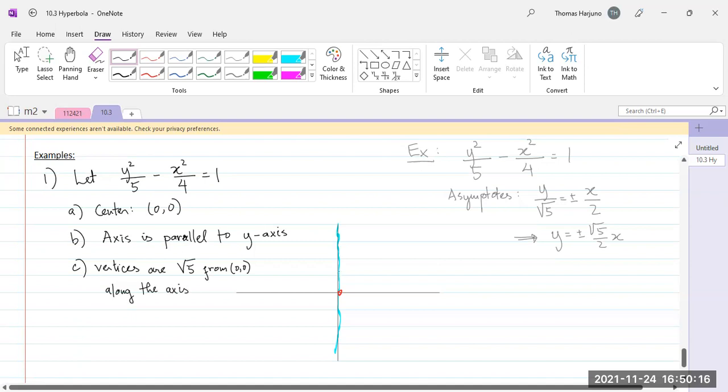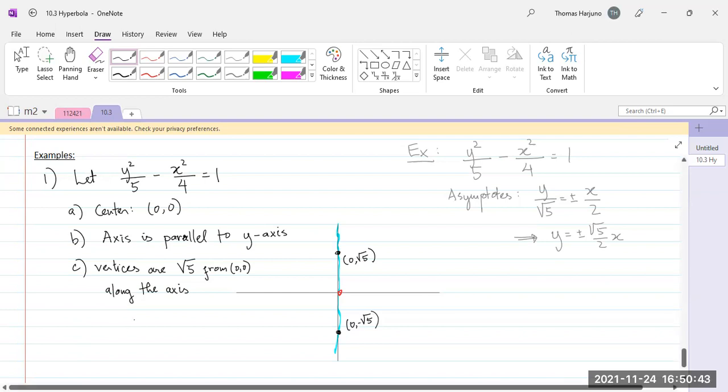So we go radical 5 up, that's approximately 2 point something, and radical 5 down. So the vertices will be (0, radical 5) and (0, negative radical 5). Those are the vertices.